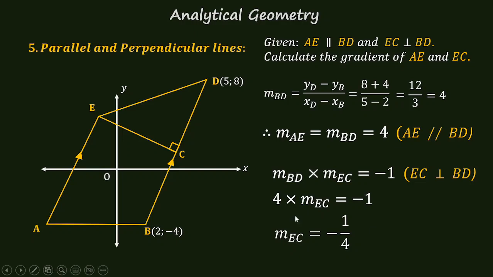We divide both sides by 4. That will be -1/4. So the gradient of the straight line EC is -1/4. Remember this: parallel lines have the same gradient. The product of the gradients of perpendicular lines is -1.